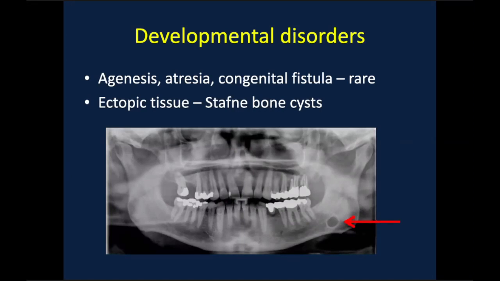In this photograph, the X-ray was not taken to detect the bone cyst but for some dental reason, and incidentally they detected this radiolucent area on the left side of the mandible, which is a Stafne's bone cyst, due to ectopic implantation of salivary gland tissue. Apart from that condition, every other developmental abnormality is quite rare in salivary glands.